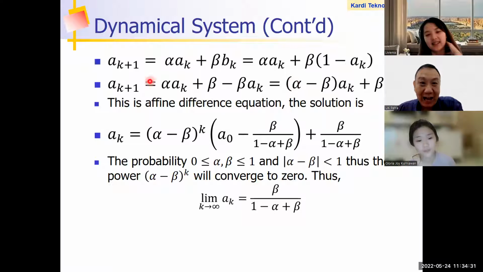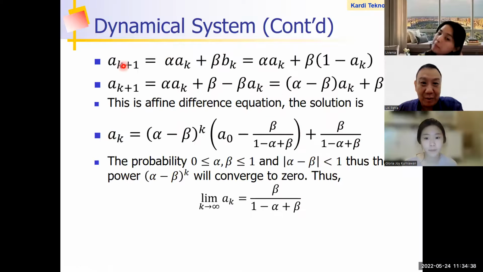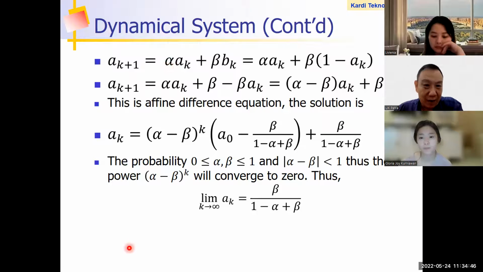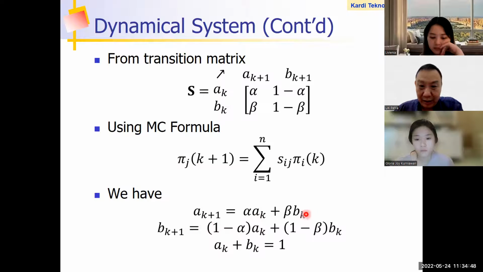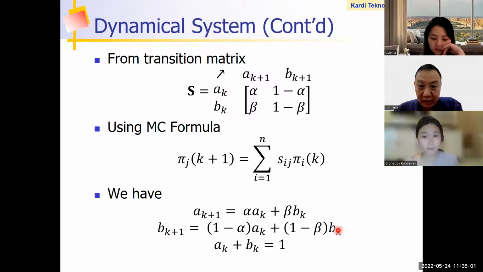So now if you have that, we can continue, right? Remember, this is the one that I copied here. I combine that now. A_(k+1) equals alpha A_k plus beta B_k. I just put it in here again. But I also know that B_k is also 1 minus A_k, right?